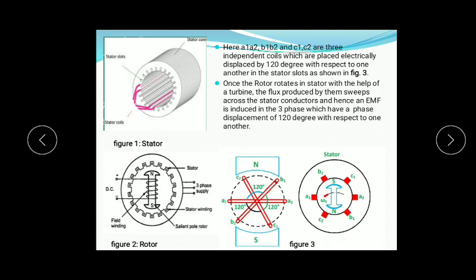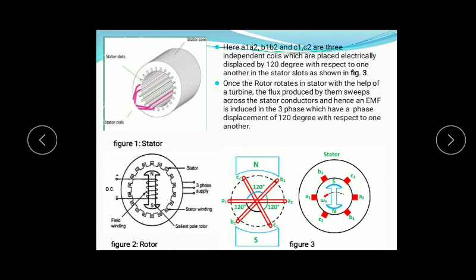I hope you have understood. So this is your stator and this is your rotor which is placed in the stator. The stator is the outer frame, and in this stator you are going to place the pole.